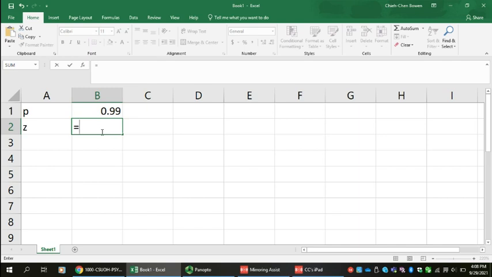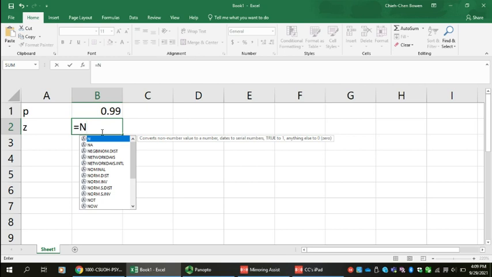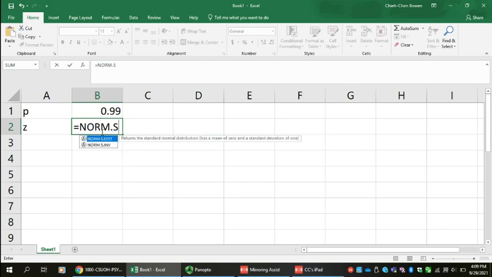So we are using the Excel function NORM.S.DIST. This is the standard normal distribution, but regularly we have a calculated z and we want to find the probability associated with that.